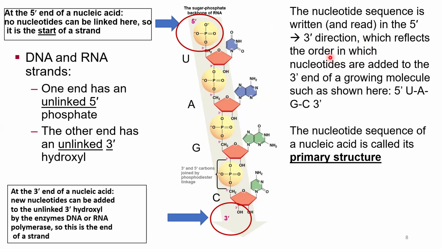But when it adds on nucleotides, it adds on to the 3' end. And the sequence itself is the primary structure of DNA or RNA, depending on which nitrogenous base you have, which sugar molecule you have, and so on.